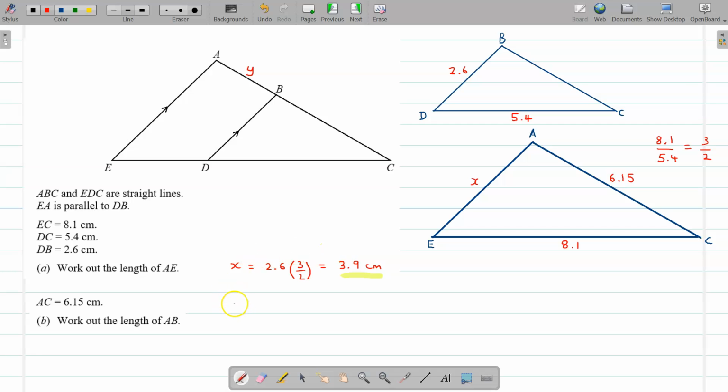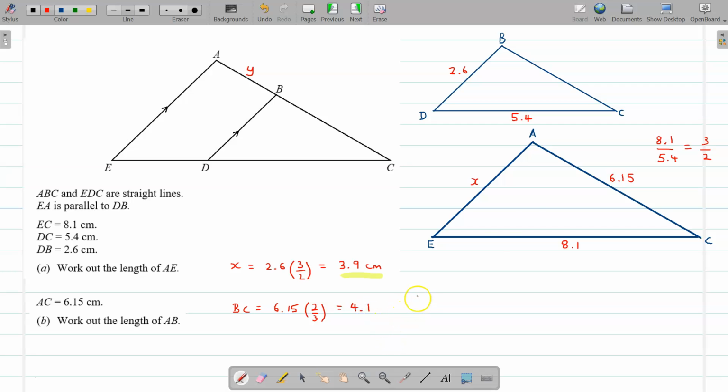So I'm going to put that BC is the length of AC, 6.15, and because I'm going from the large one to the small one, the scale factor is 2/3, you see. Well, 2/3 of 6.15 on the calculator or without is 4.1.